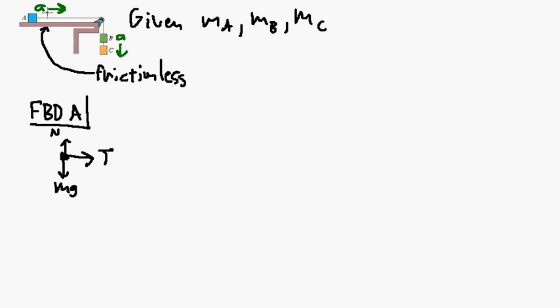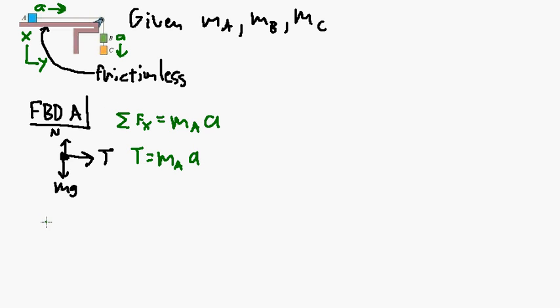If we define positive A down for B and C, then we can use the same A. So for block A, sum of forces in the x direction equals m of A times A, which is acceleration to the right. So tension equals mA times A. That's easy enough.